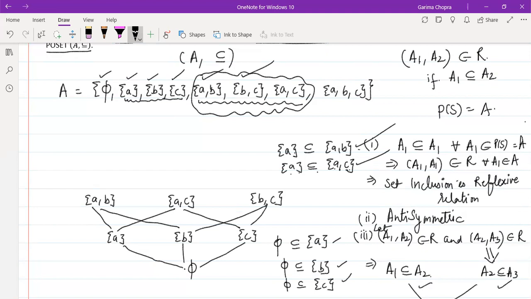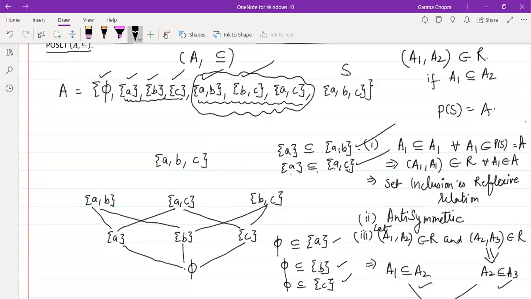So we are left with the last element of the set A, which is this set S, and each of these sets is a subset of this set S. Phi is a subset of S. Singleton sets A, B, C are also subsets of this set S, having three elements A, B, C. And all these sets having two elements are also subsets of the set A, B, C. So we will consider it on this level.